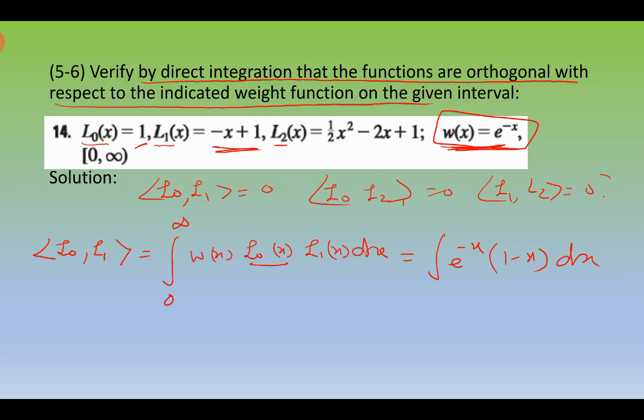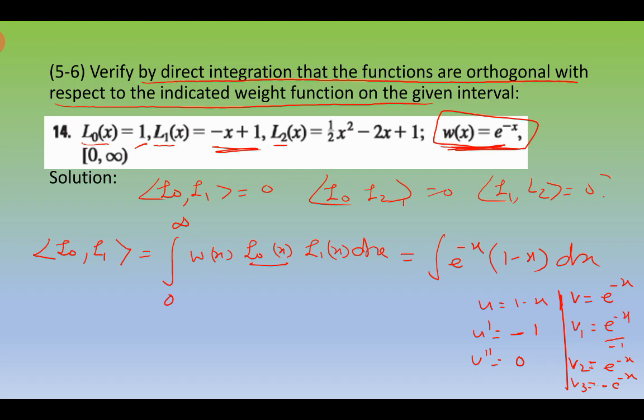UDV method, I mean, u can take u is 1 minus x, u prime is minus 1, u double prime is 0, and here we can take v is equal to e raised to negative x. v1, integration of e power minus x, is e power minus x divided by minus 1, v2 will be again e power minus x divided by plus 1, and v3 will be minus e power minus x, and it will continue.